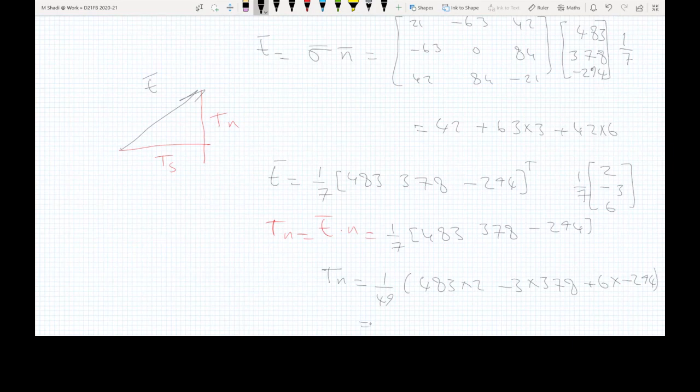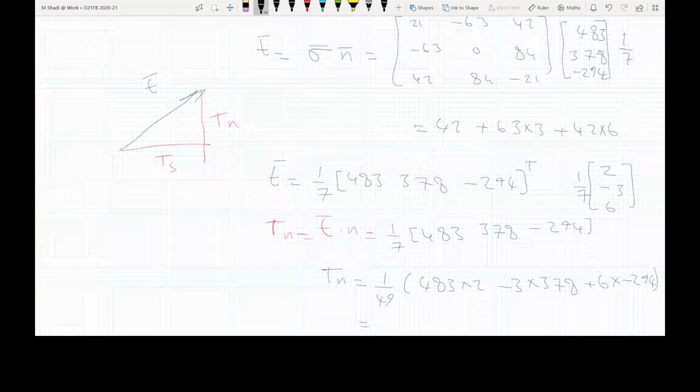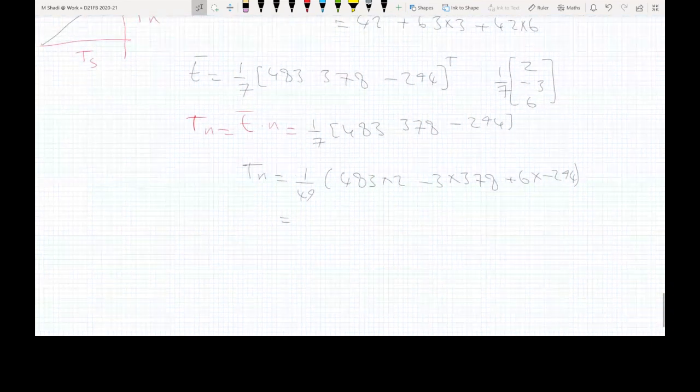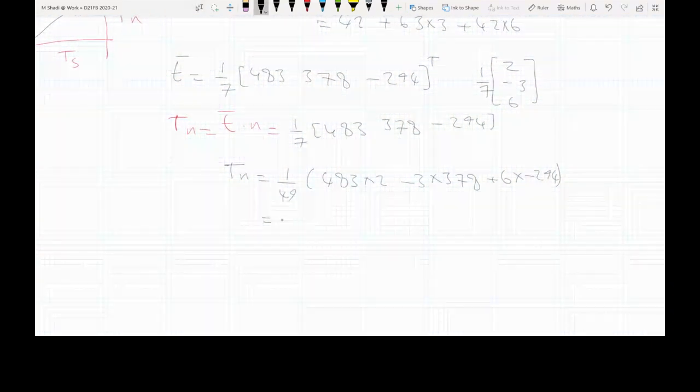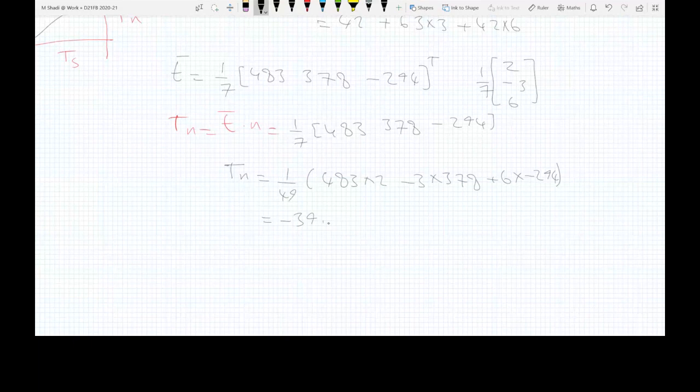So what would be the answer for that? This is the component Tn.